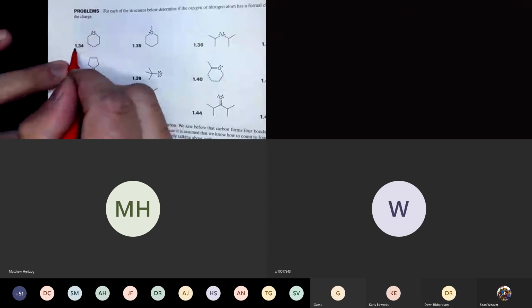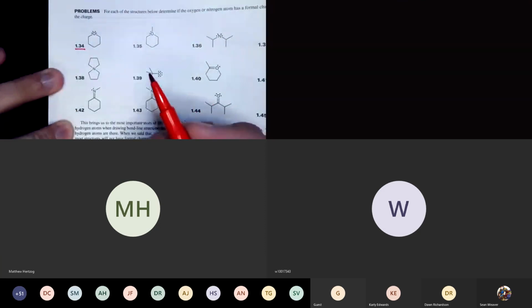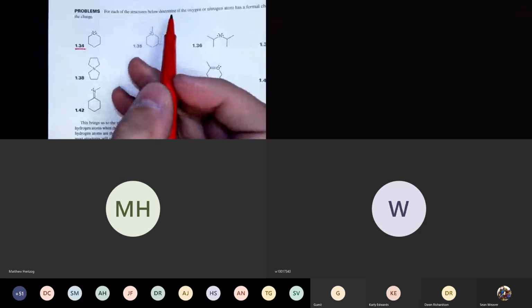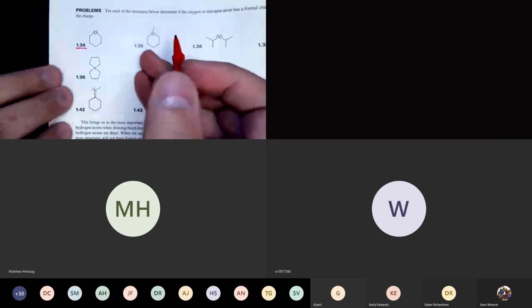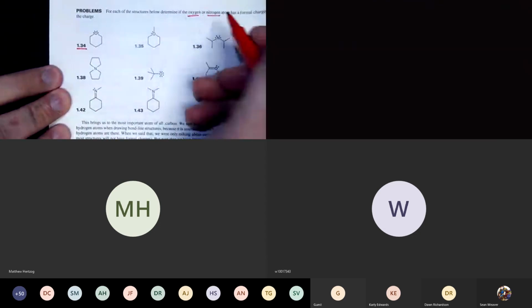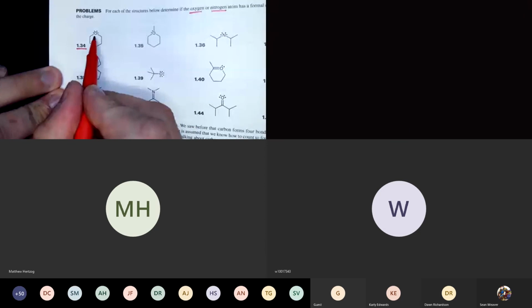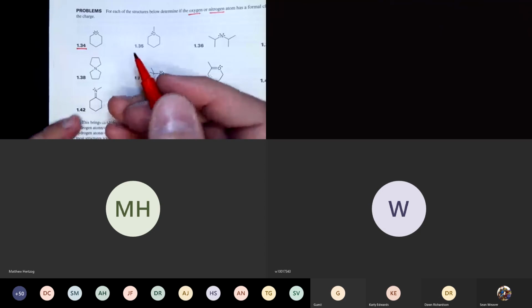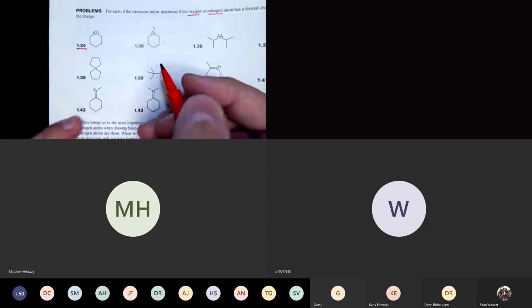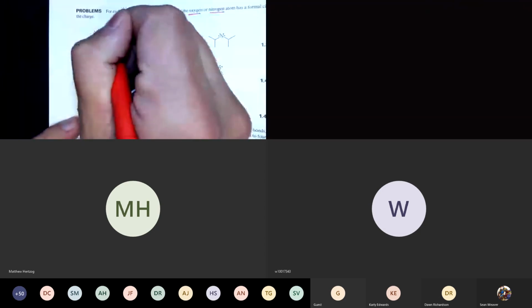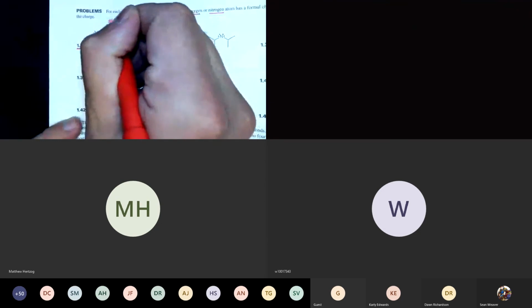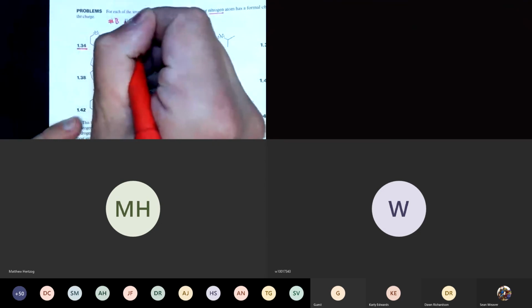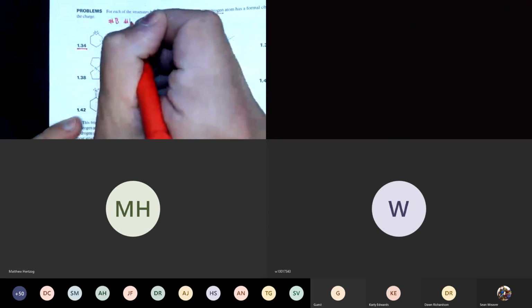So let's do 134. So this is asking specifically only for oxygen or nitrogen. So look at this oxygen right there. What is the normal bonding pattern for oxygen? The normal bonding pattern, number of bonds, number lone pairs.